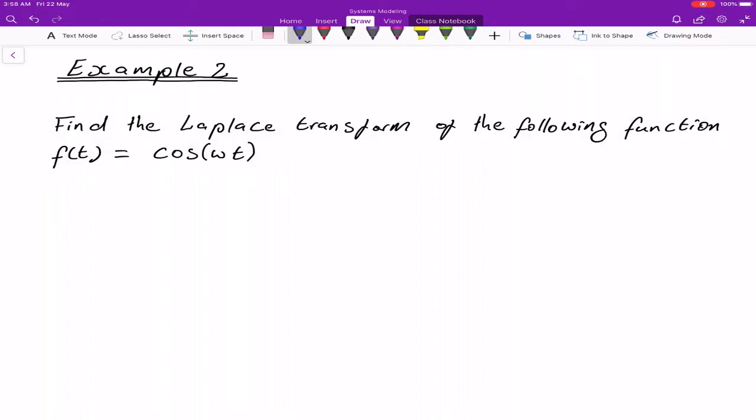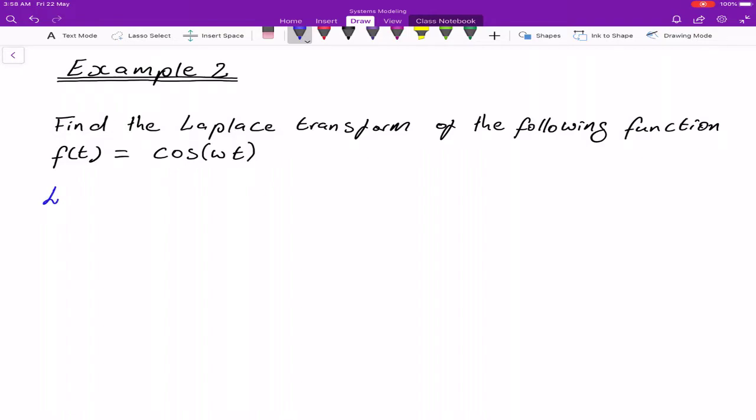Let's look at the first method first, the brutal method, or the longer version. Then after that, we'll look at the shorter version, and you can choose which method you want to solve this function.